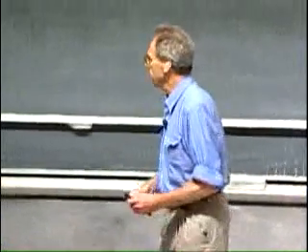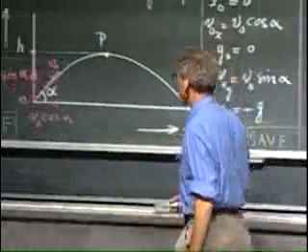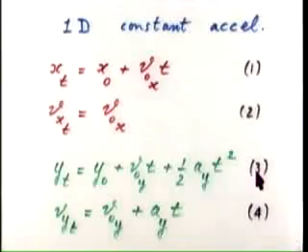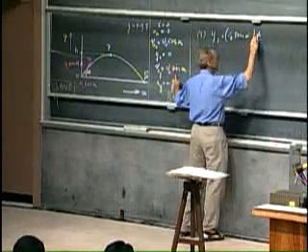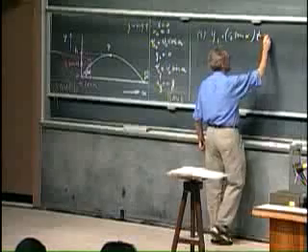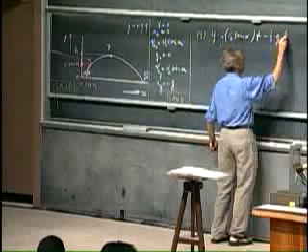I now want to ask first the question that you may never have seen answered: what is the shape of this trajectory? Well, we can go to equation number 3, and we can write down that y, as a function of time, equals v0y t, so that is v0 sine alpha times t, minus 1/2 g t squared.